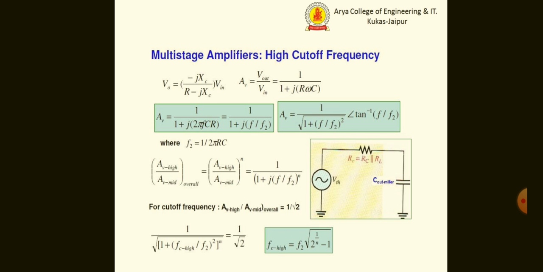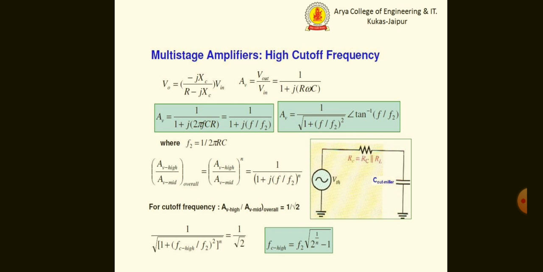The higher cutoff frequency can also be derived, and in this slide it has been shown that the voltage gain equals 1 upon the square root of 1 plus F upon F2 squared, and the angle is tan inverse F by F2, and the overall voltage gain can also be derived.